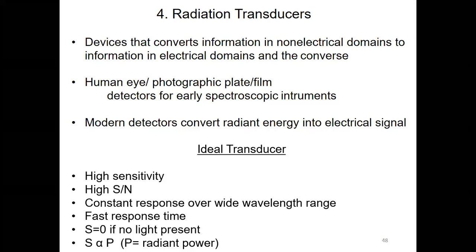So we are doing the wavelength scan. When we are doing the wavelength scan, the response should be constant over the wavelength range. For example, if at 200 nanometers the noise is high, and at 300, 500 the noise is low, then the response will not be constant. But an ideal transducer should give a constant response, without any variation because of the wavelength.